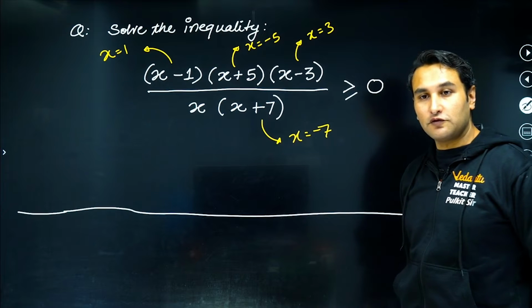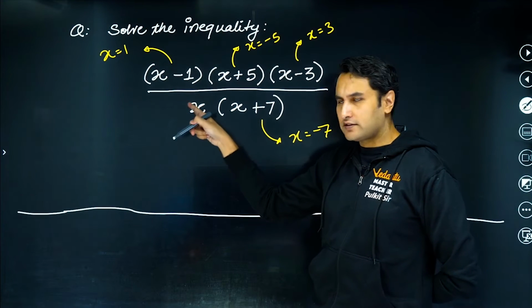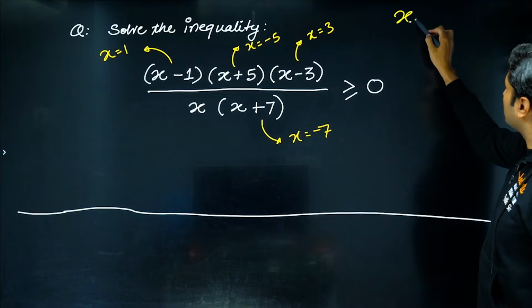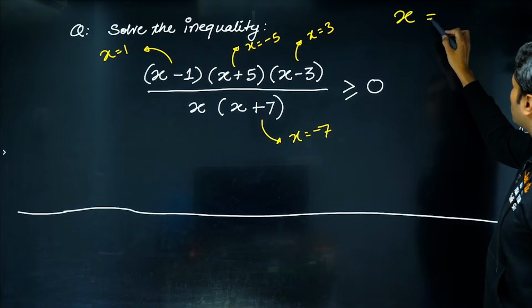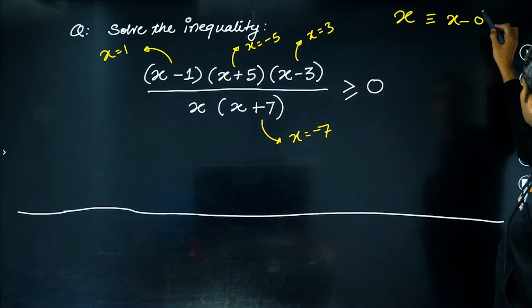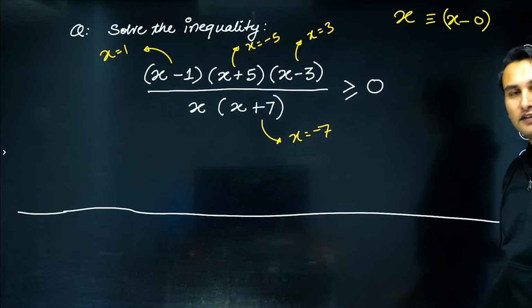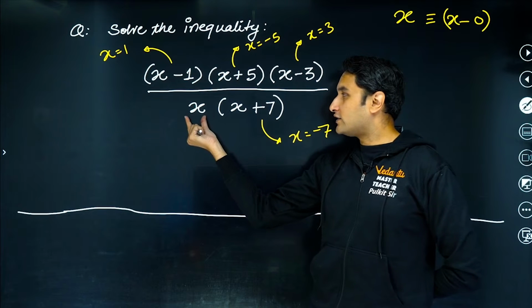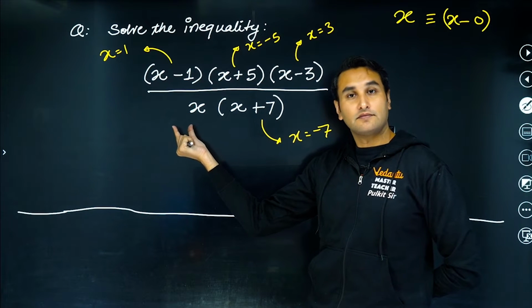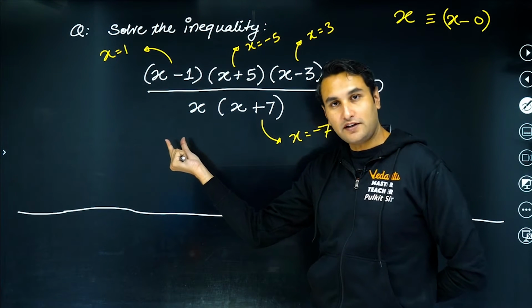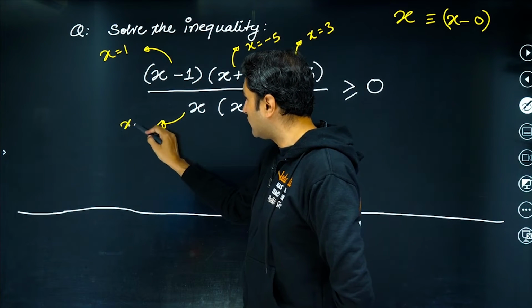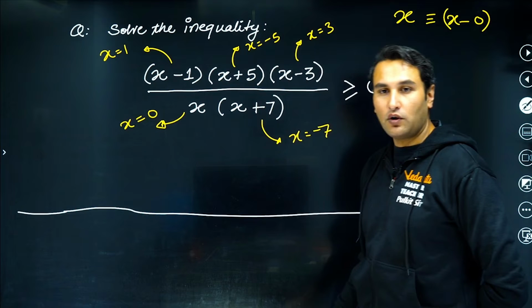A lot of students get confused by x, only x. You can imagine x as x minus 0. In simple words, what makes this thing 0? x equal to 0. So its root is x equal to 0. So these are all the roots.